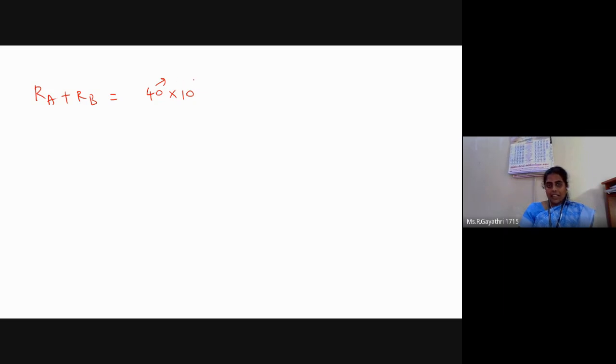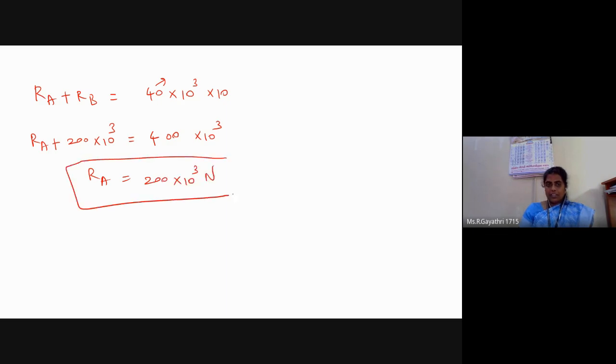Here we can add 10 power 3 also, replacing kilo by 10 power 3. RB value is 200 into 10 power 3, and the total is 400 into 10 power 3. So RA is equal to 400 minus 200, which is 200 into 10 power 3 Newton.